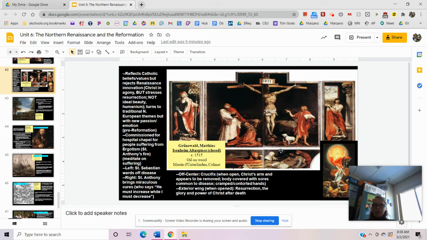This piece was created to go in a hospital, in a ward where people were really, really sick, basically on their deathbed. And so this was a powerful message that shows down here Jesus crucified, Jesus taken down from the cross, deposed from the cross, and over here rising again.